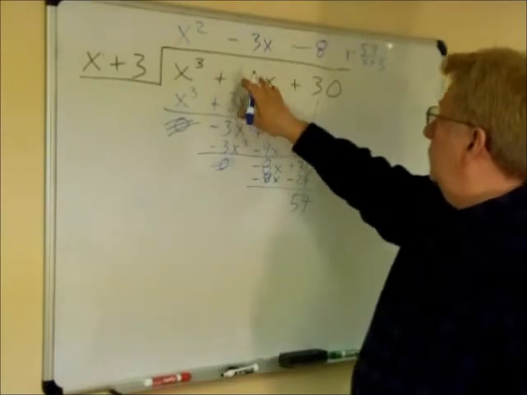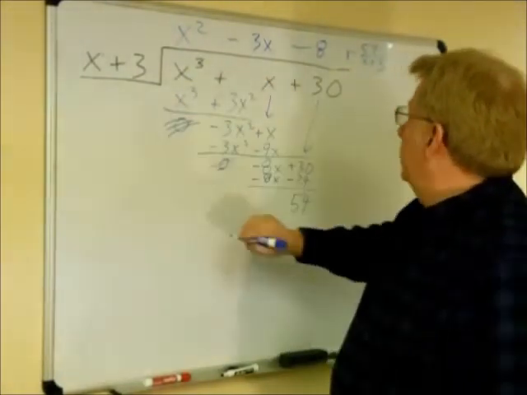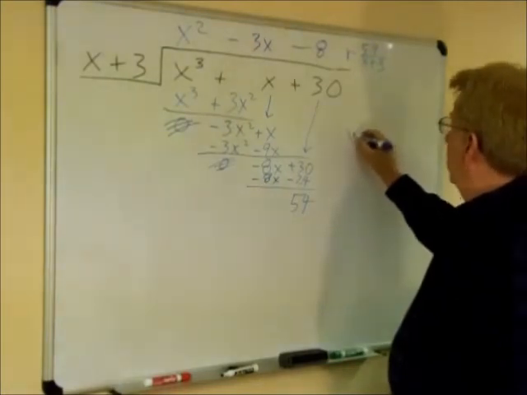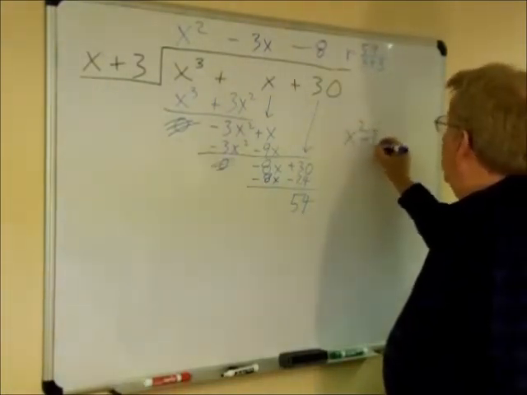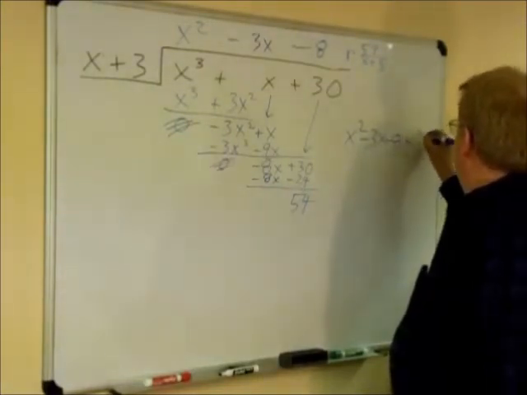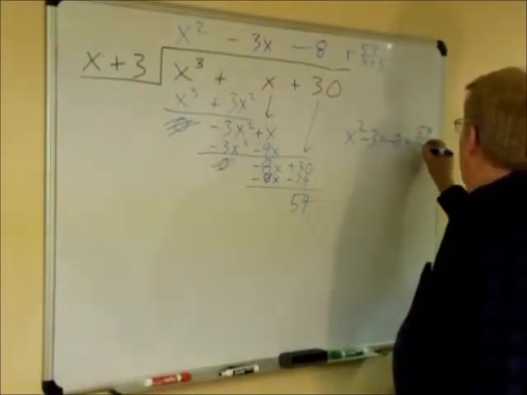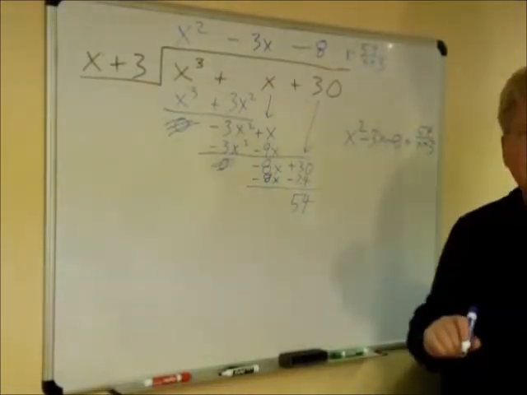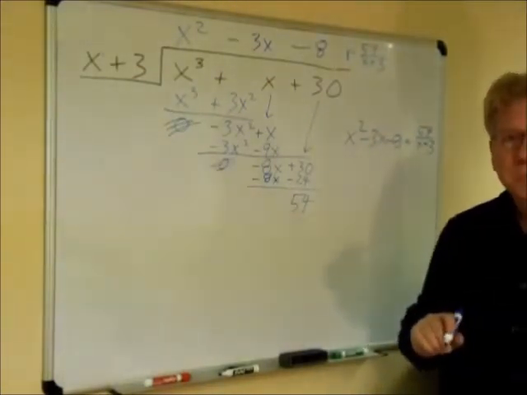So when you divide this number by this binomial, the result is x squared minus 3x minus 8 plus 54 over x plus 3. And that's our answer for long division.